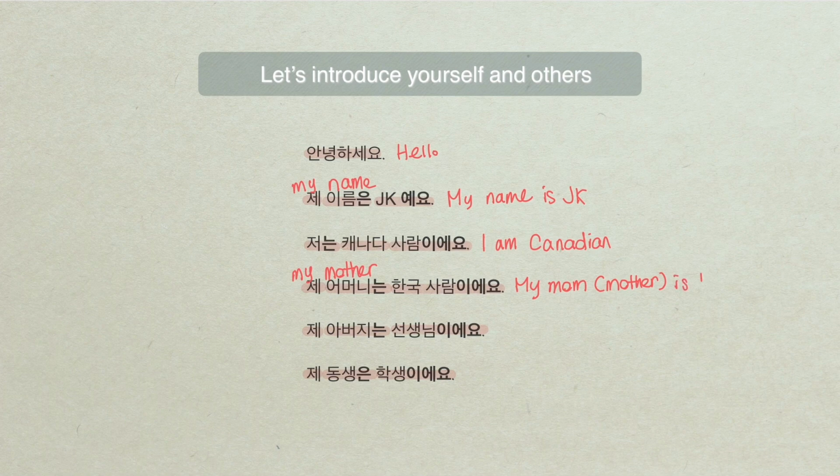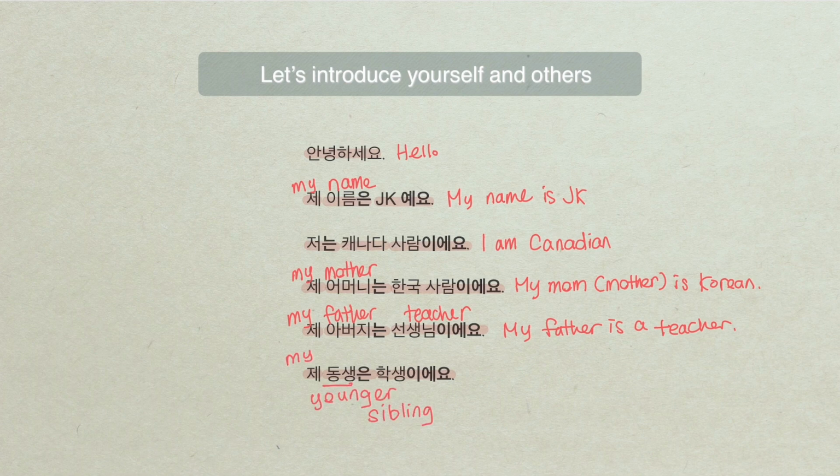My mom is Korean. 제 아버지는 my father is 선생님 teacher. So my father is a teacher. 제 동생 my younger sibling is 학생이에요. Student. So my younger sibling is a student.